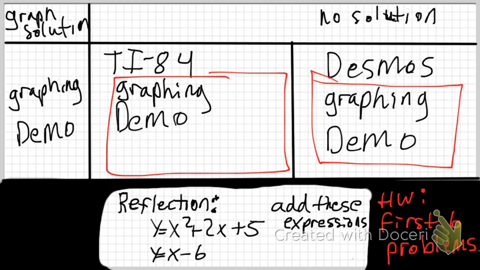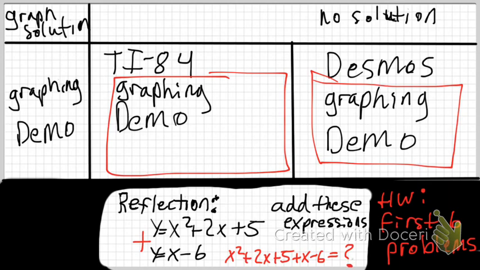And what will the new polynomial that's created by the addition of these two expressions look like? So that's my question to you: what will the polynomial output of adding x squared plus 2x plus 5 plus x minus 6 look like? How will it be graphed? What will the equation be?